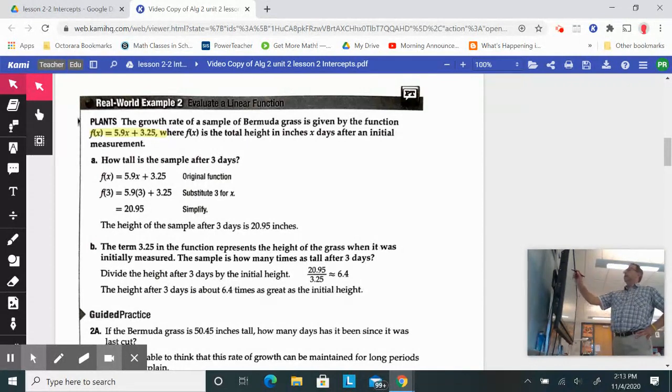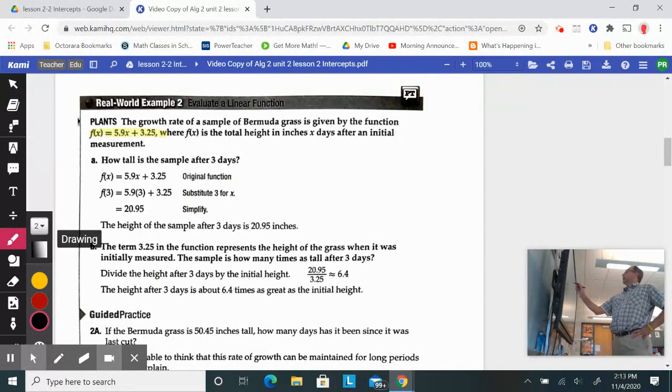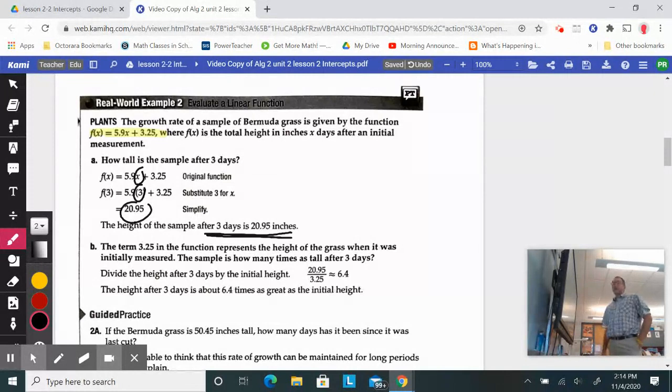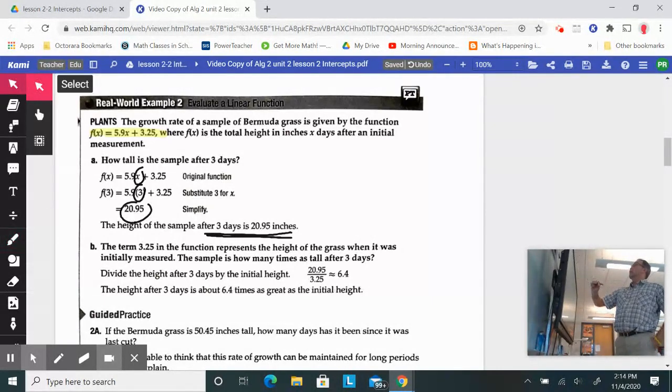And you notice that you just substitute in the 3 for the x, and calculate the output, which is 20.95 inches in 3 days. That stuff grows fast. Holy cow. So maybe a lot of golf courses would use that, or maybe not. So you notice there are applications that deal with linear functions.